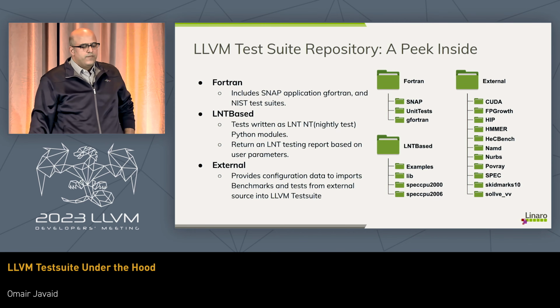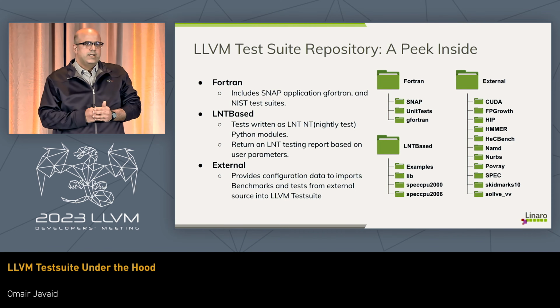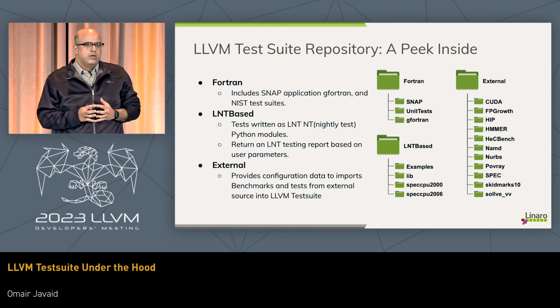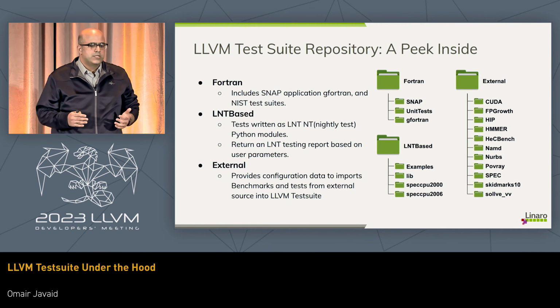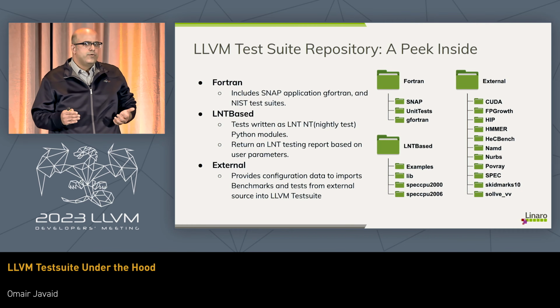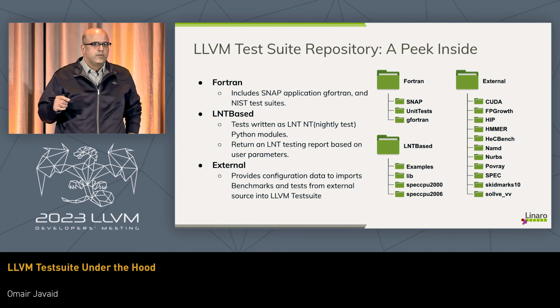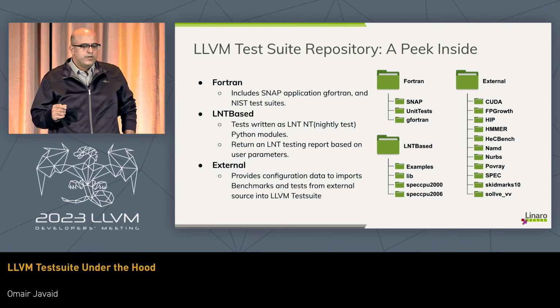Then there is the external folder, which has configuration data and CMake files to import external resources. For example, the SPEC benchmarks are all licensed code, and if you don't have a license, you cannot distribute them as part of a particular repository.